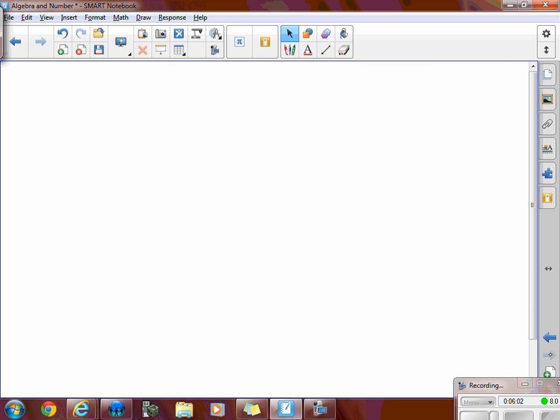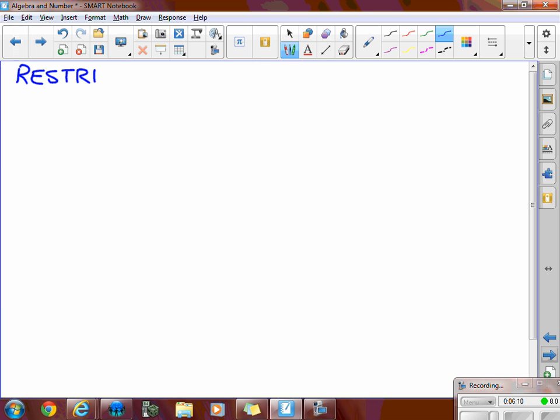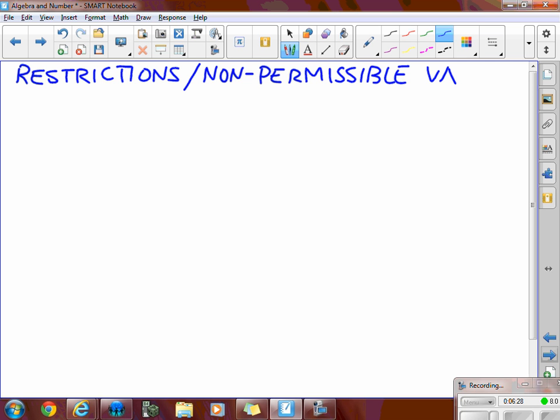Here's a big topic in math, and we talked about it with radicals. We talked about restrictions with radicals, that the radicand had to be greater than or equal to 0. We're now going to talk about restrictions with rational expressions, but these are also called non-permissible values.